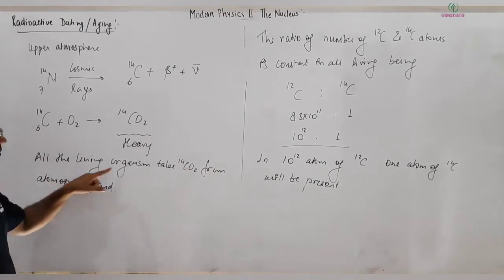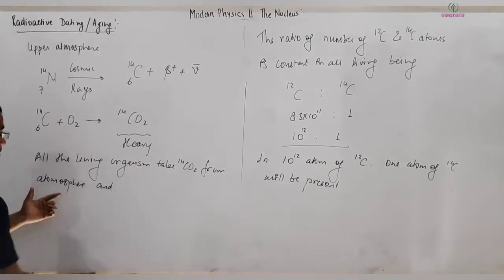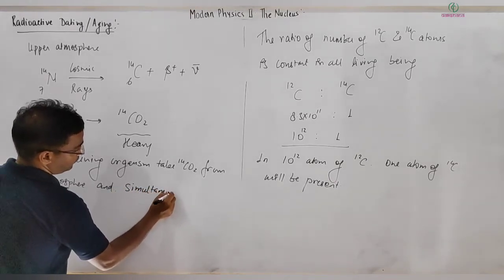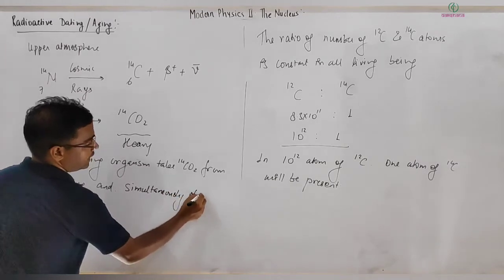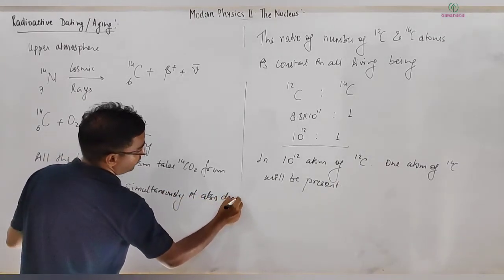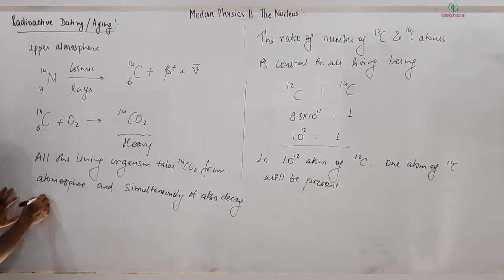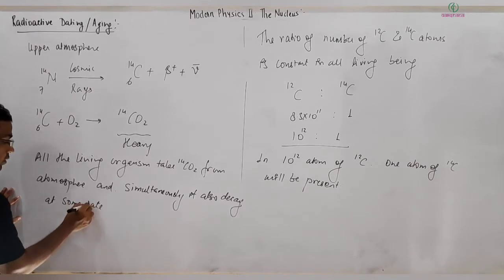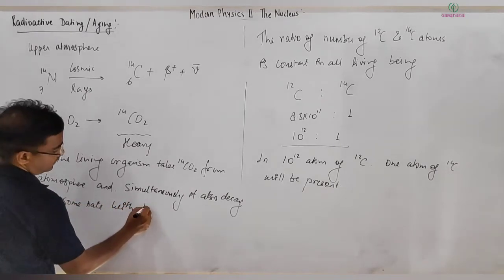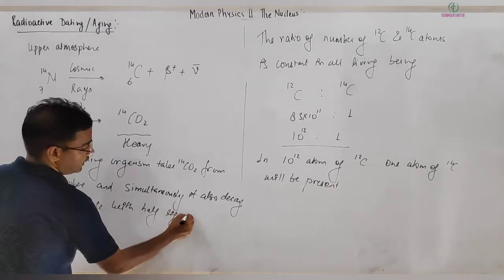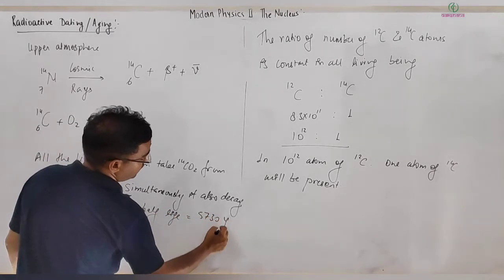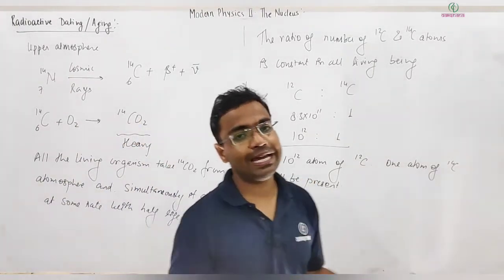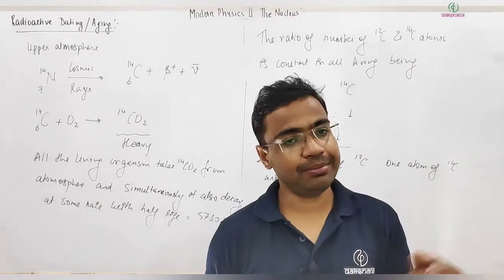So all living organisms take carbon 14 CO2 from the atmosphere, and simultaneously it also decays at some rate with a half-life equal to 5730 years.